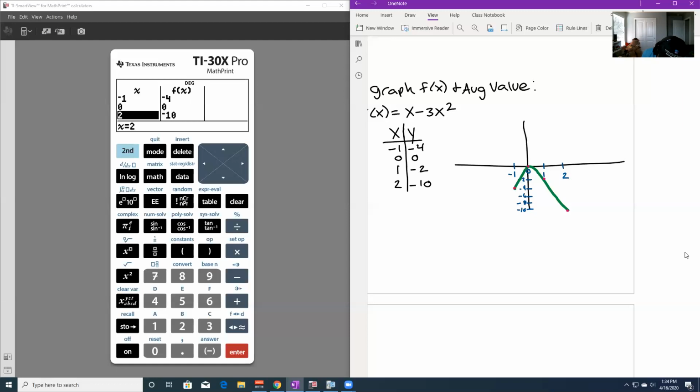So from right there. There it is. So that's my average value of y equals negative 2.5.